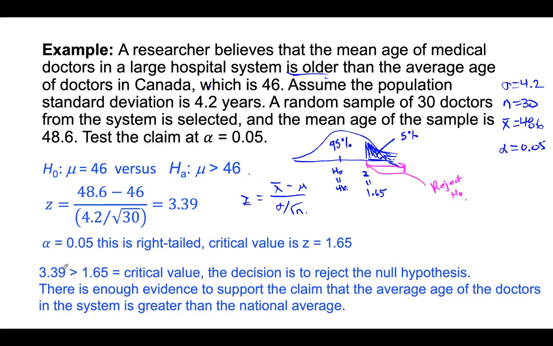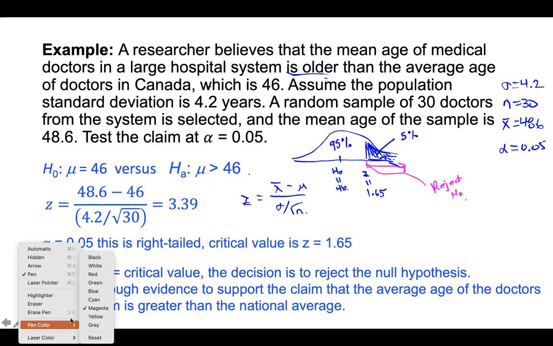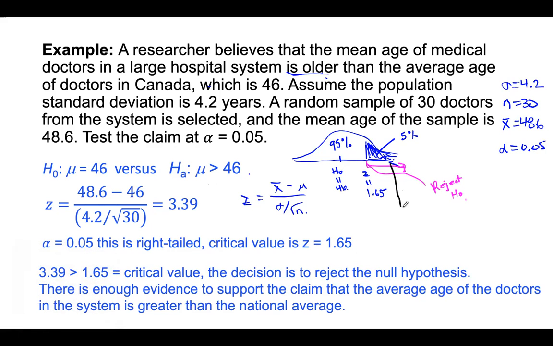Now, we see that this test statistic with this data, we computed it and it's actually right. It's, let's say here, at 3.39. So it falls in the rejection region because if you draw a little picture, it is greater than 1.65.